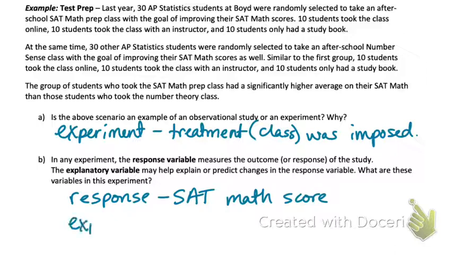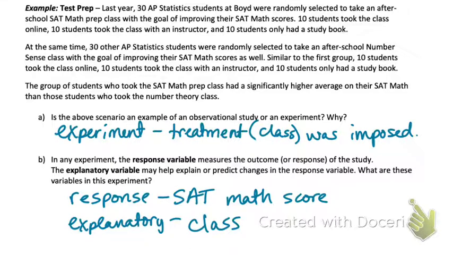All right, what about the explanatory variable? What am I trying to see if it is influencing their SAT math score? What am I testing to see if it's making a difference? Yeah, the class.